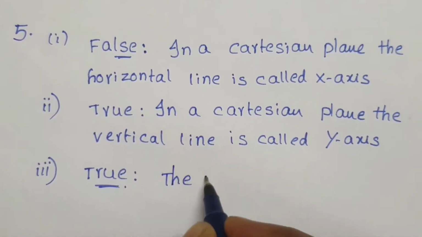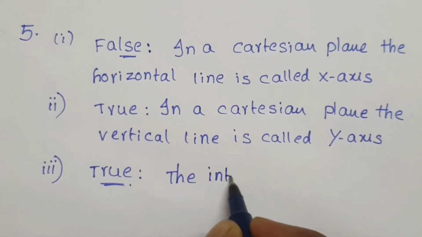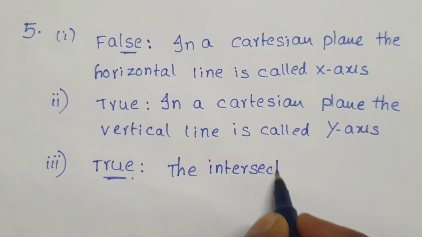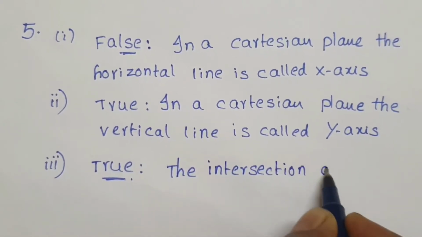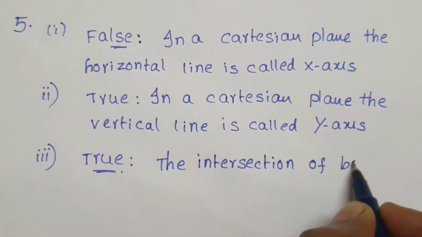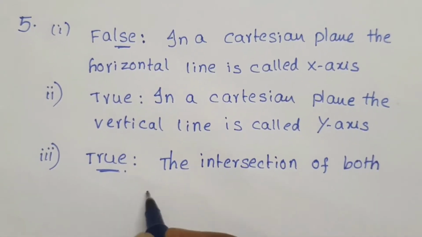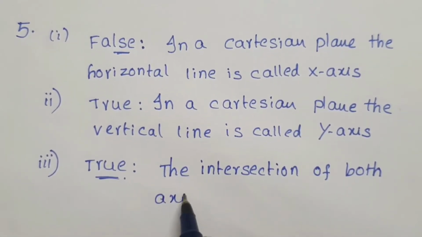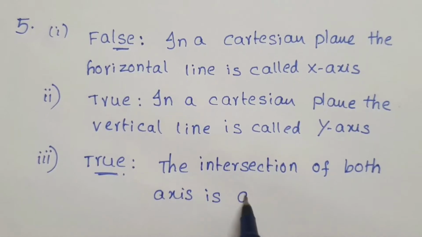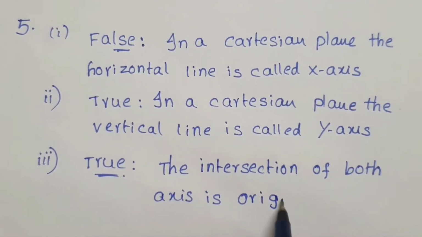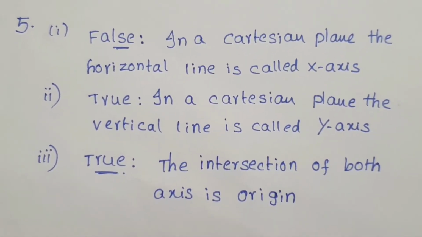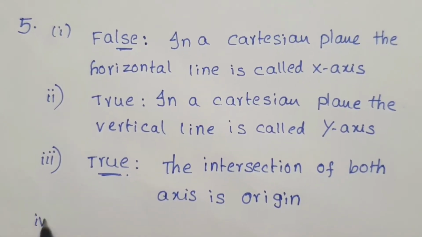So we know that the intersection of both axes is origin. So origin point 0, 0. We know that before.